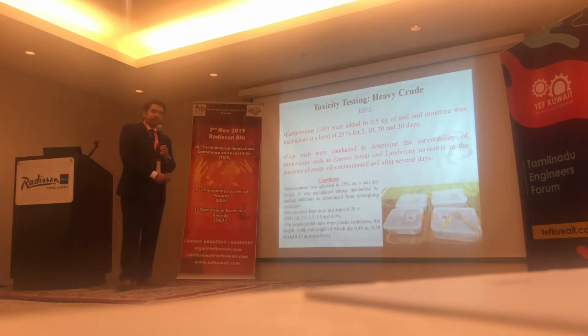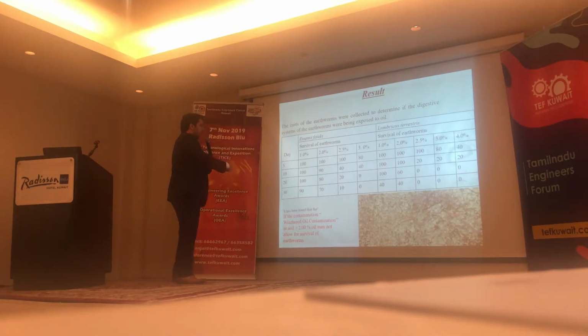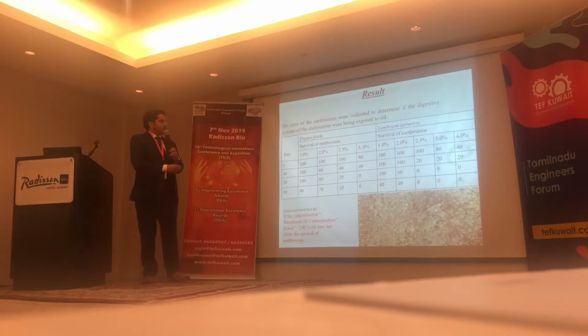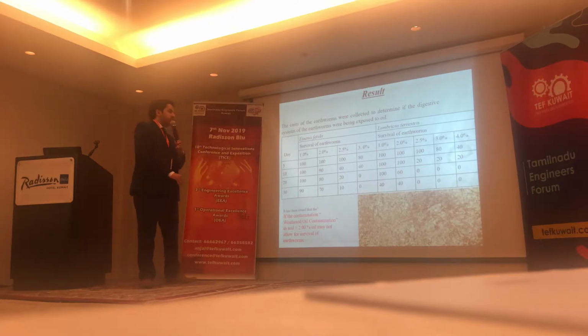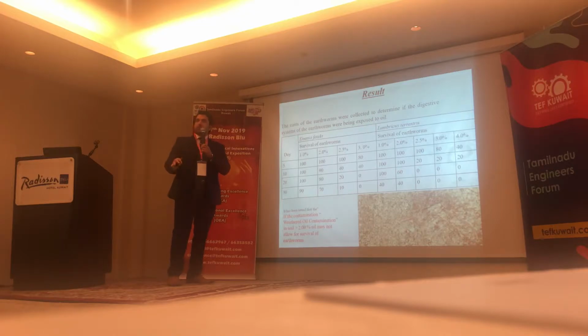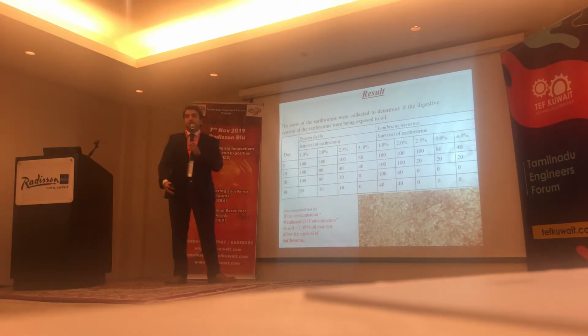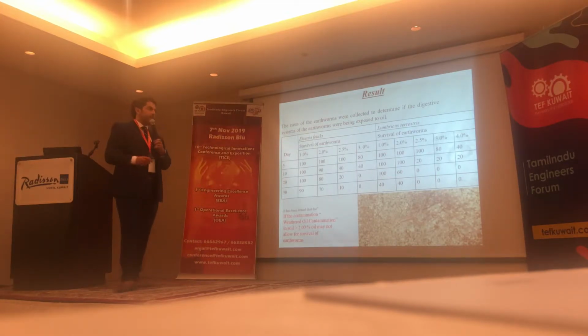We let the contamination happen over different days, 5 to 30 days. We noticed that once we put these earthworms in the contaminated sand, if the contamination is below 10,000 ppm, they can survive. But if the contamination is 30% and above, they face a big challenge to survive.